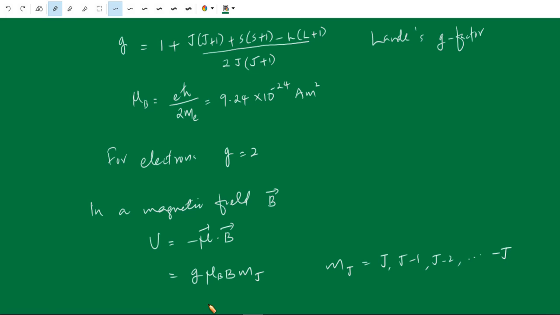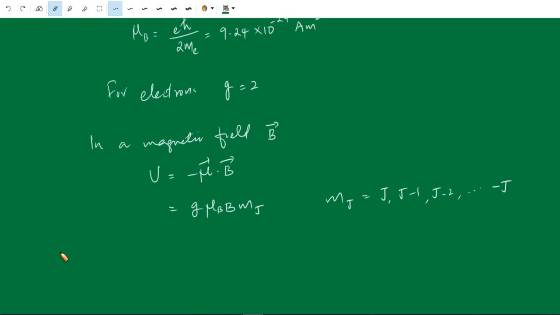Now let us consider the case of a single electron system, for example an s electron, a 1s electron. In this case, the spin quantum number s is equal to half and the orbital quantum number L is equal to 0.